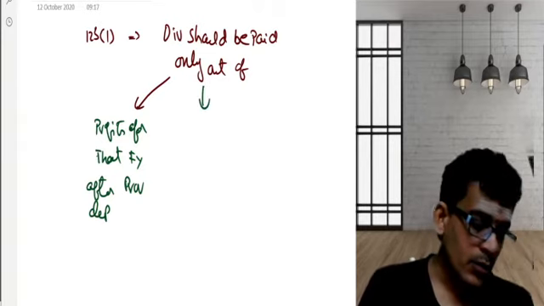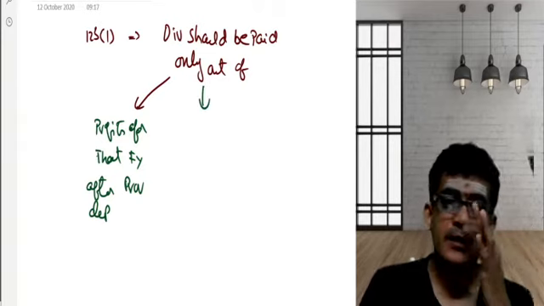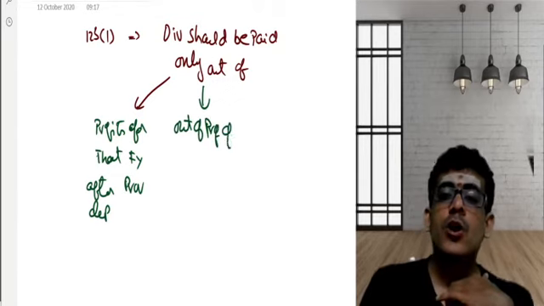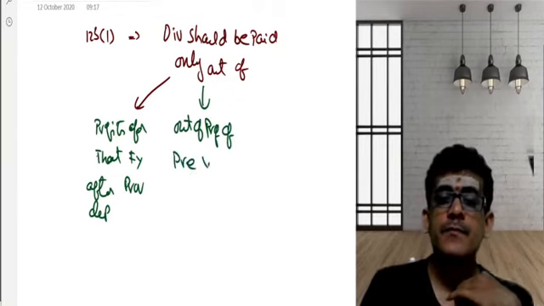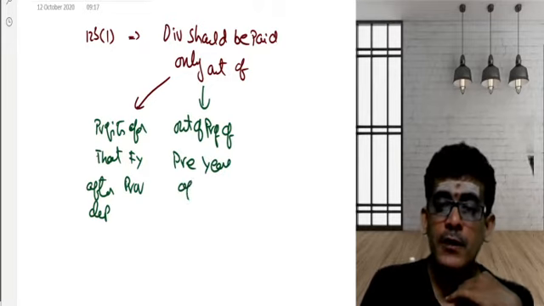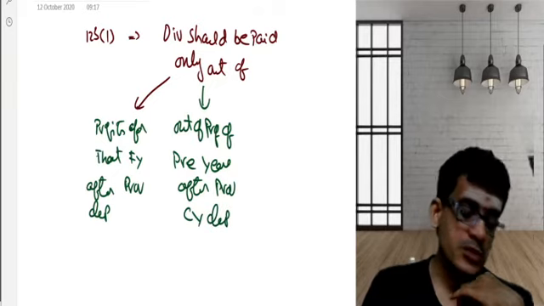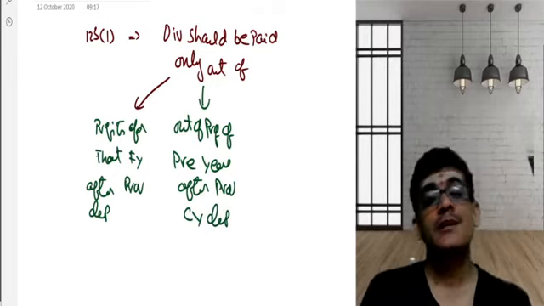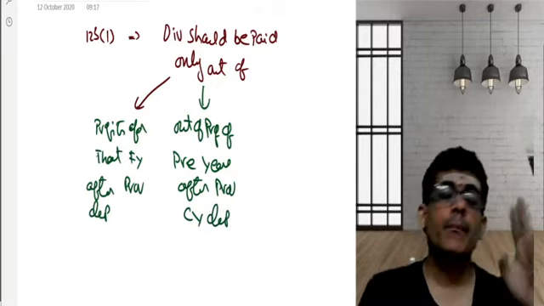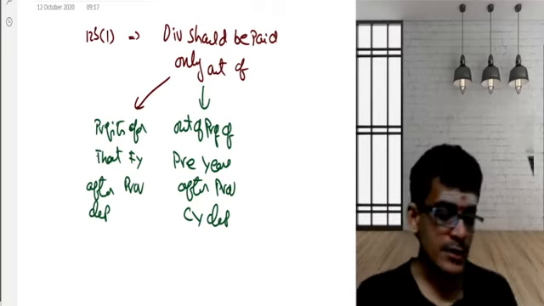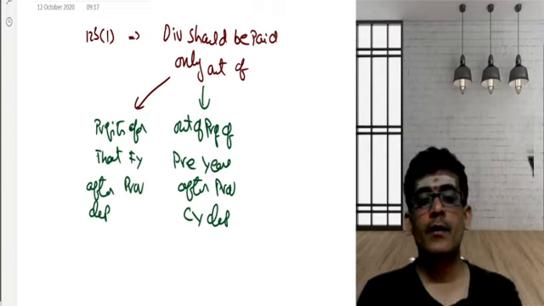Then if in the current year you don't have profits, in that case you can declare out of profits of previous years after providing current year depreciation. So you can take the last year's profits, but from the last year's profit first you reduce your depreciation, and with whatever balance you have, you can pay.